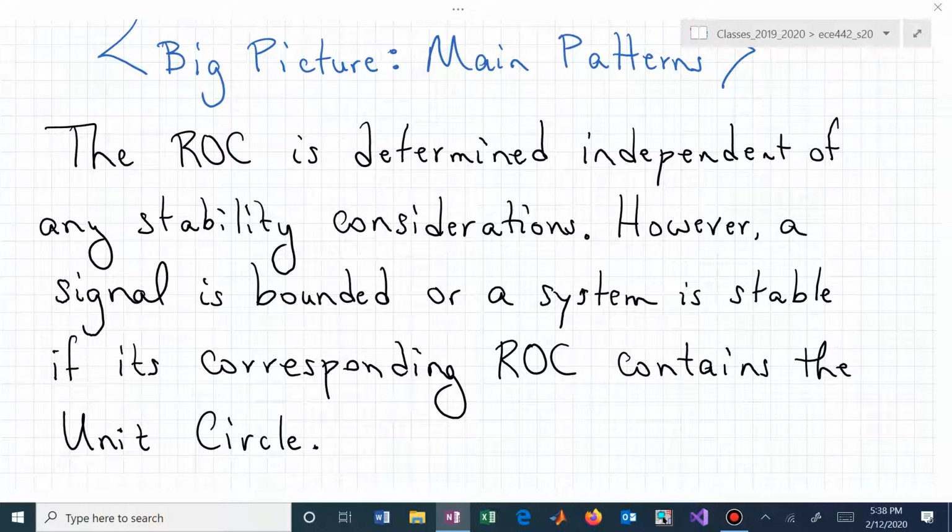If a signal is bounded, or the system whose pulse response is bounded, that's what I mean by a system is stable, if the region of convergence contains the unit circle.